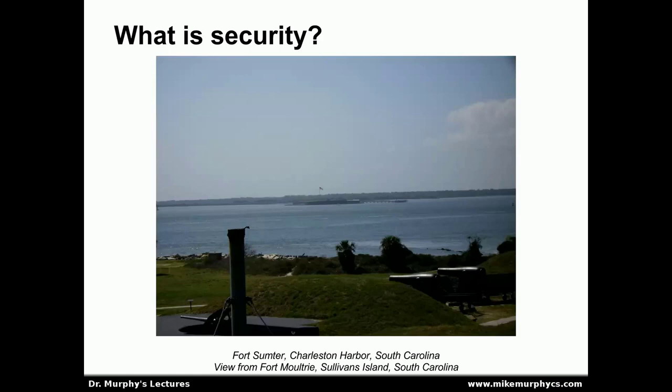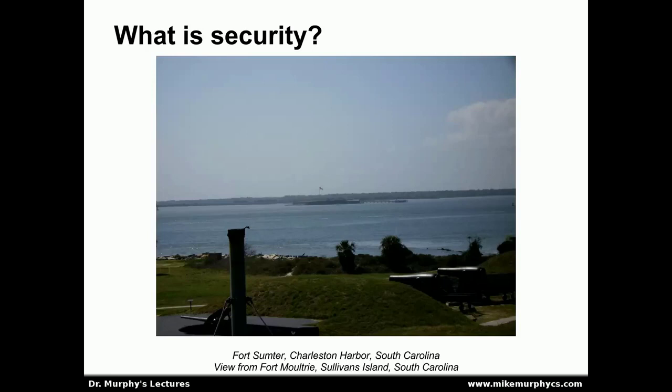If we look back through history, we can see many examples of mankind's quest to build secure environments in which to live, in which to work, or to guard assets, to guard entries into areas, and so forth.